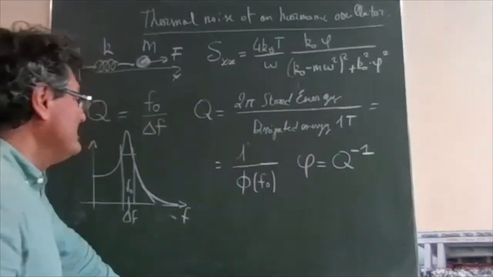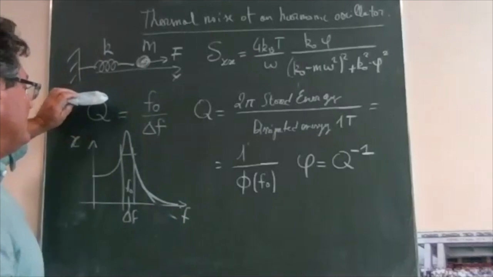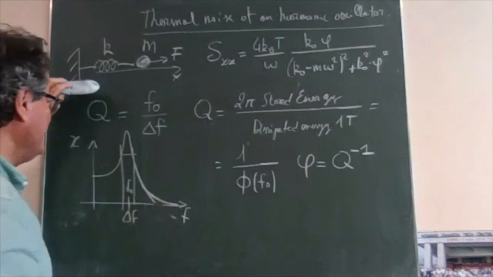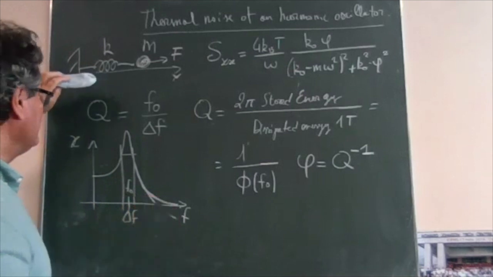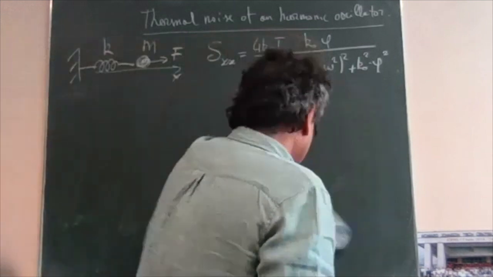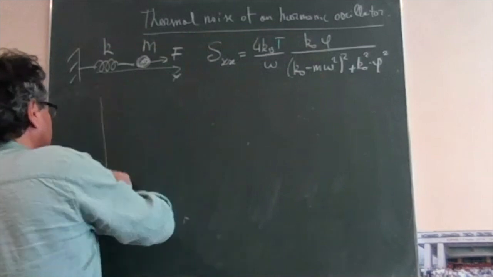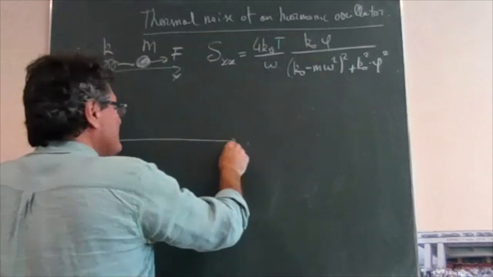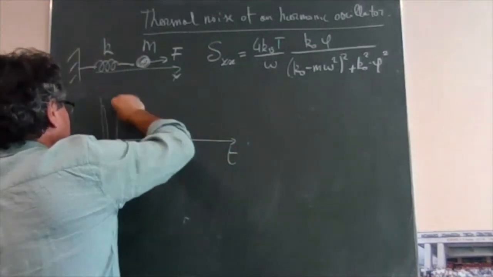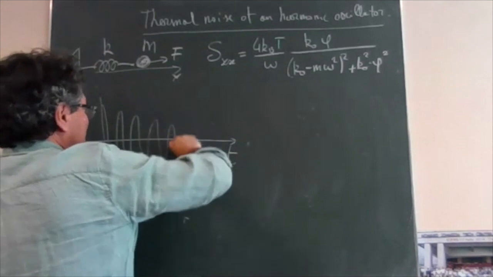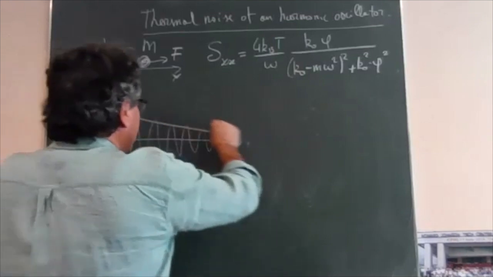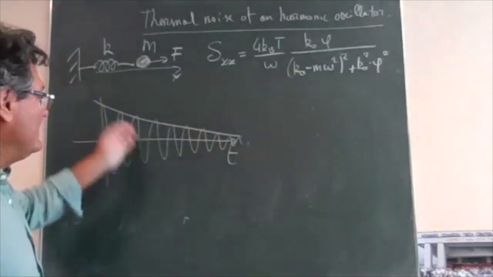Okay, great. Now this is the damped harmonic oscillator in the frequency domain. In the time domain, we can have another phenomenon. For example, this is time. We excite the system and we let the system oscillate. And we see that the oscillations are damped, following an exponential law.